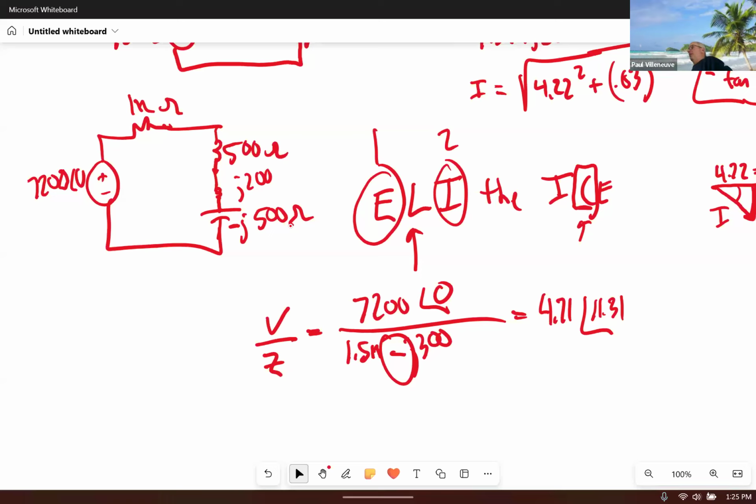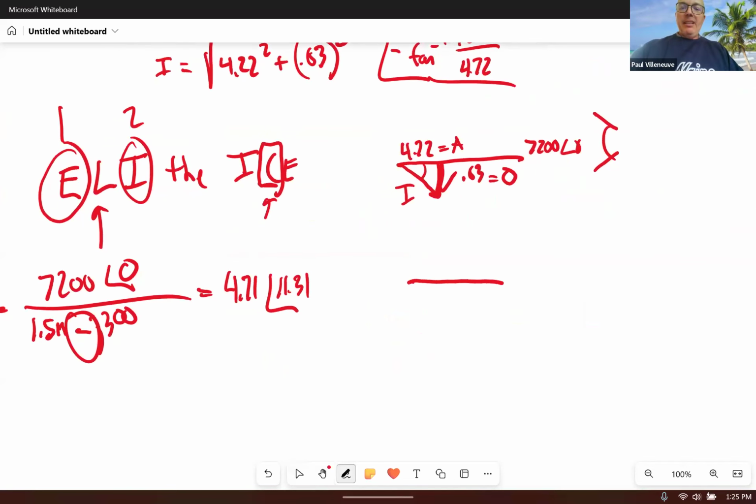ELI the ICE man is a mnemonic that helps you check whether your values are what you expect. Should I be getting a plus here or a minus here? Looking back at my diagram, here's my voltage, which hasn't changed, and my current is somewhere up over here.